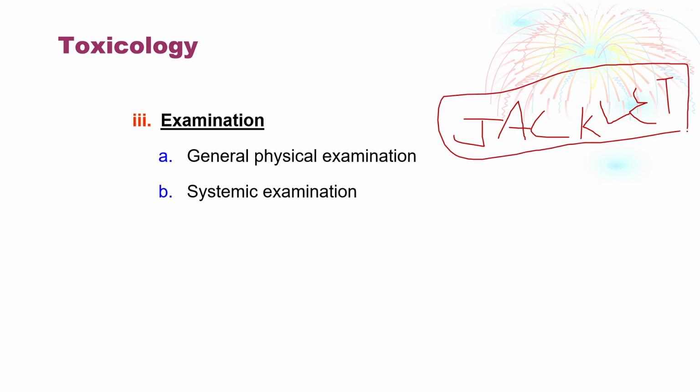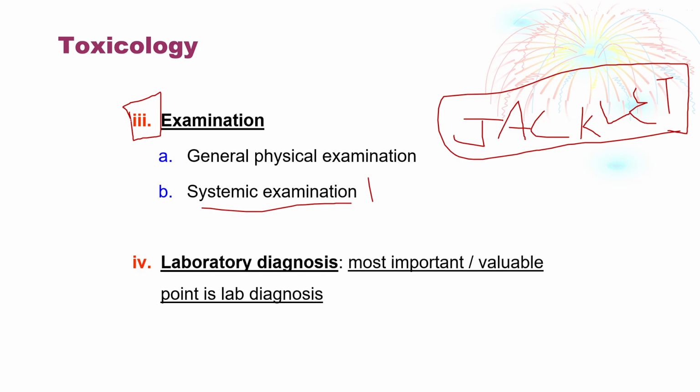All of these are checked in the general physical examination. In the systemic examination, we go for the GI, respiratory, central nervous system, and abdominal examination, all of these. So examination also gives us a very good idea about the diagnosis of poison in the living.